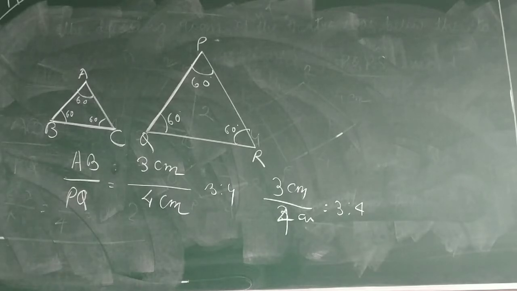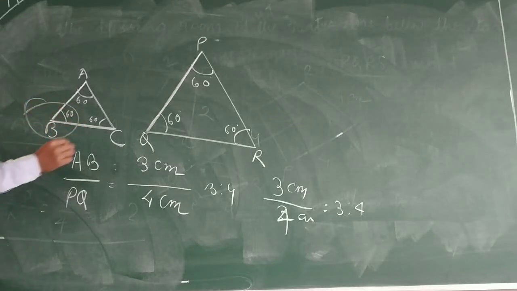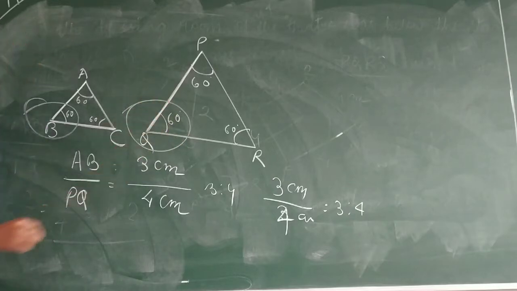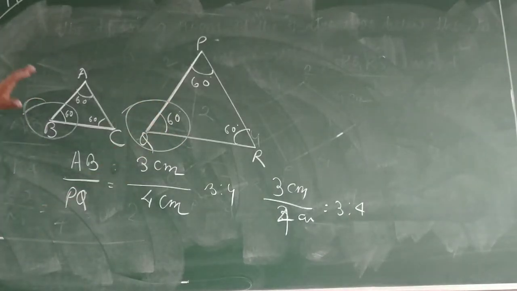So what does the similarity of triangles actually mean? By definition, two triangles are said to be similar if the angles of one are equal to the respective angles of the other. Here I am drawing an equilateral triangle.